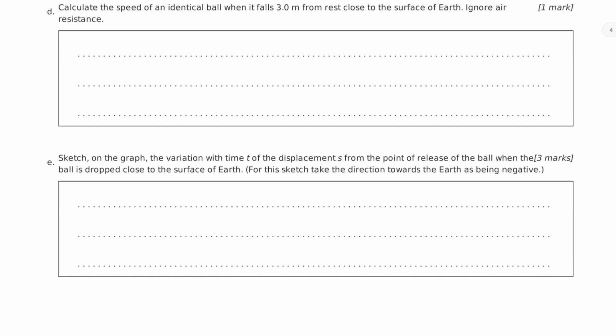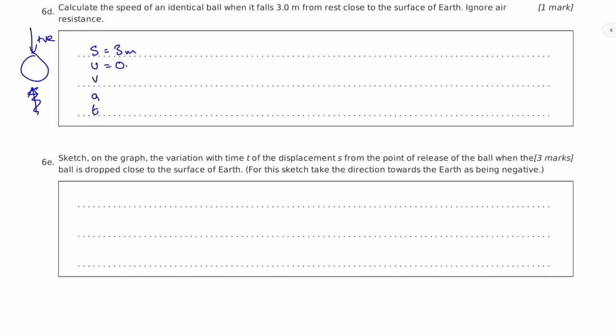Calculate the speed of an identical ball when it falls 3 metres from rest close to the surface of the Earth. So we're going to use a suvat equation for that. It's going to fall 3 metres, and earlier we said that anything going towards the Earth was positive. So if that's the Earth and it's going towards the Earth, it's going to be positive.